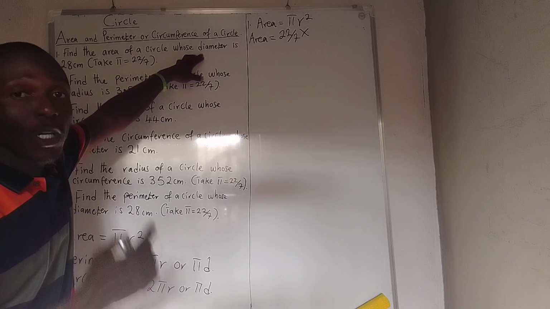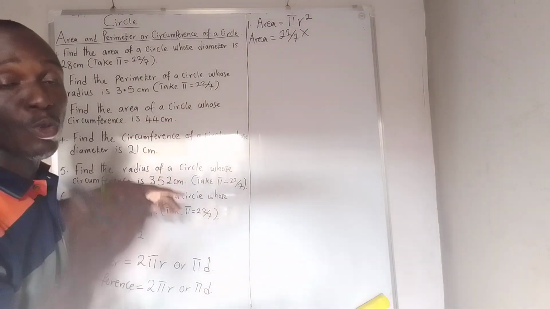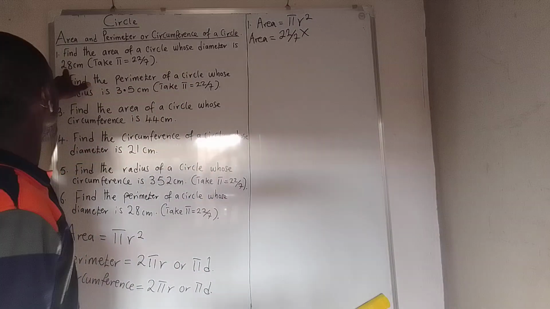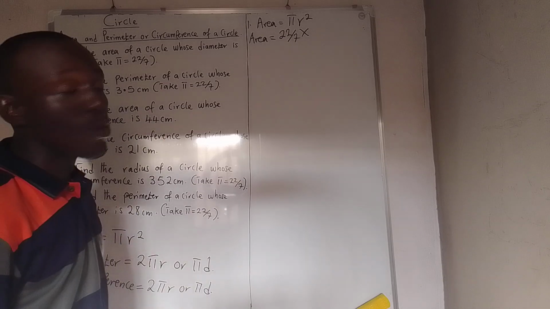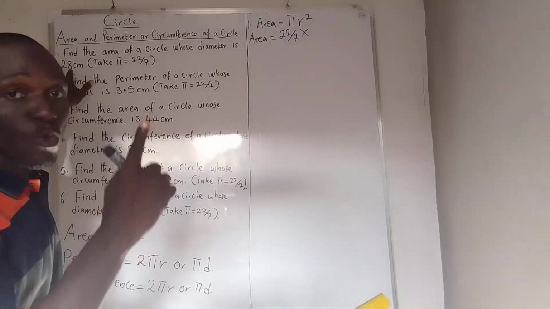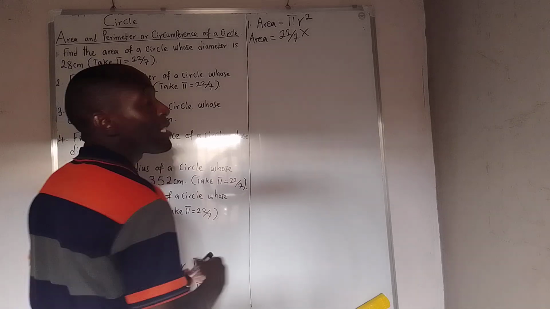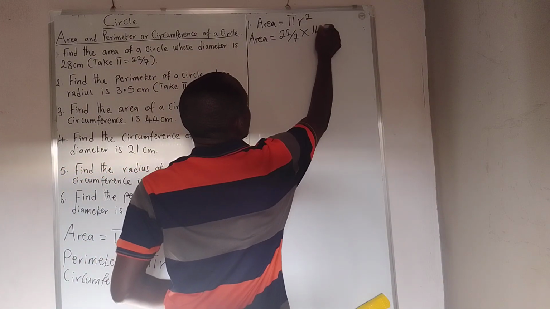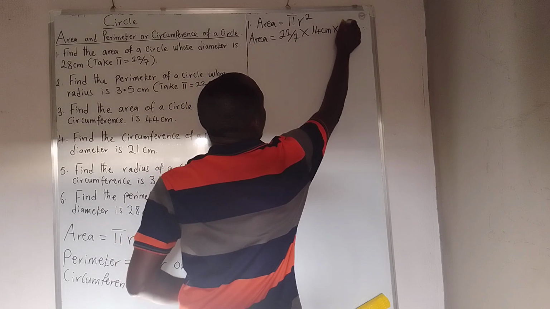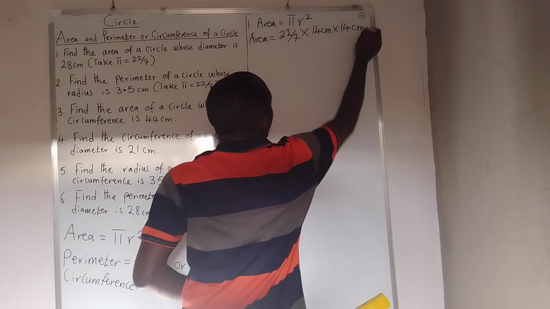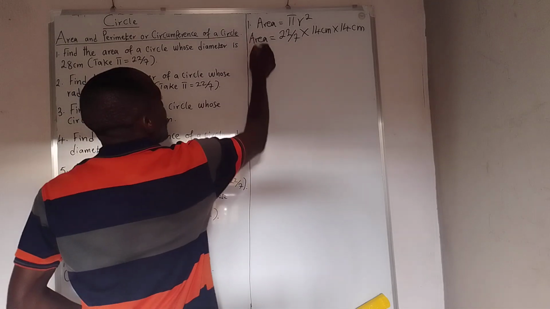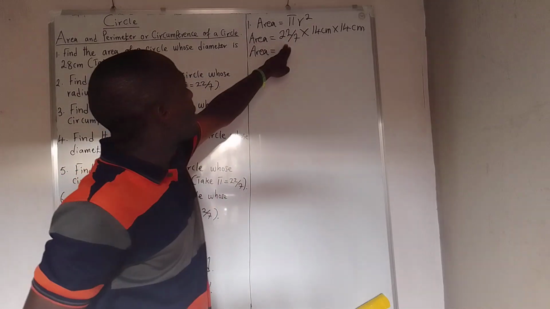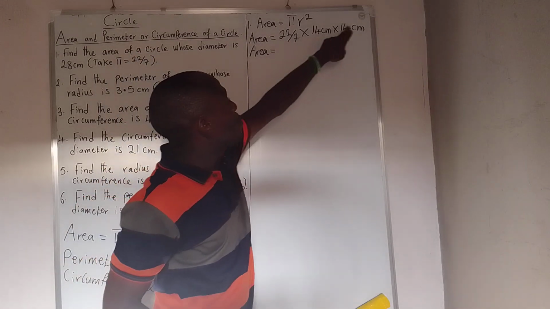Because it takes two radii to make a diameter, or the diameter is twice the radius. So we divide this diameter by 2 to get our radius. 28 divided by 2 will give us 14. So we have our radius as 14 centimeter multiplied by 14 centimeter. Now we have our pi and we have our radius.